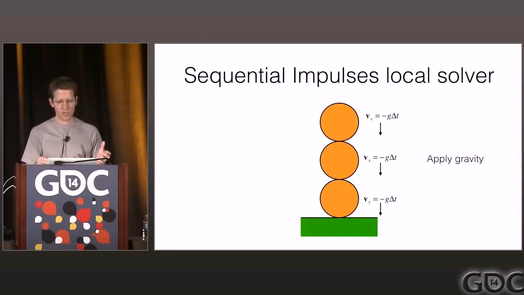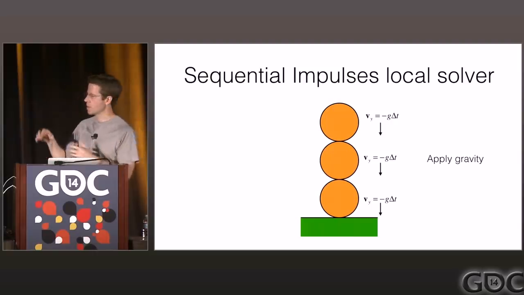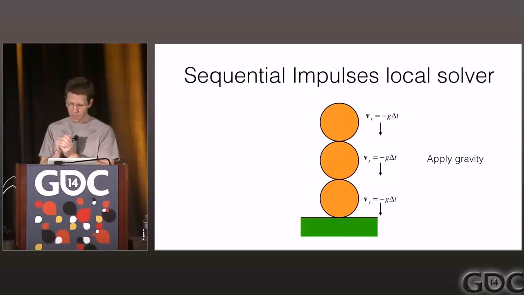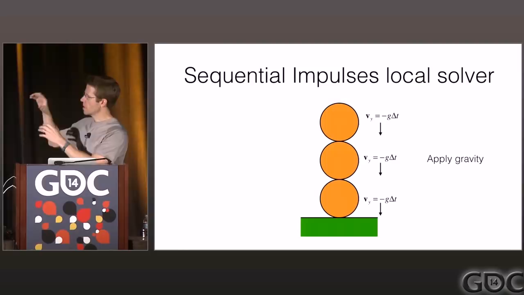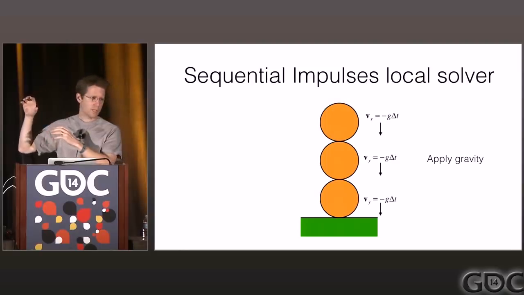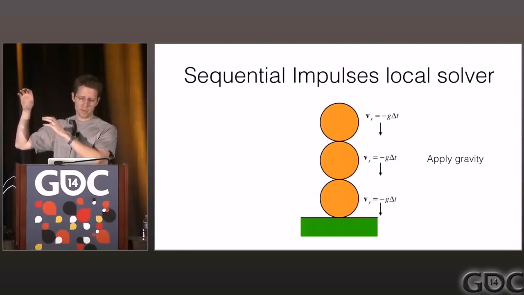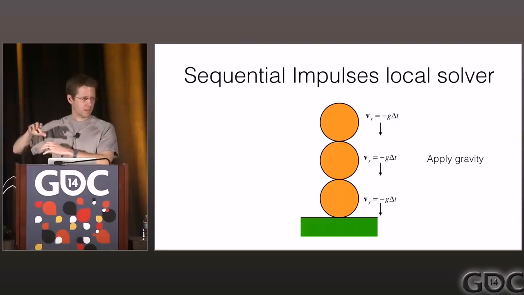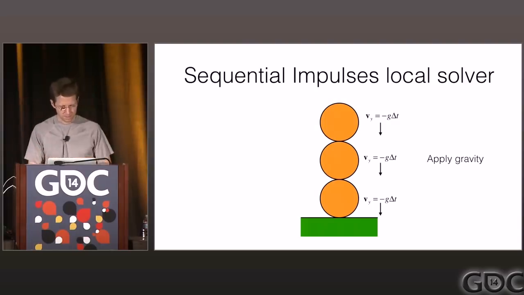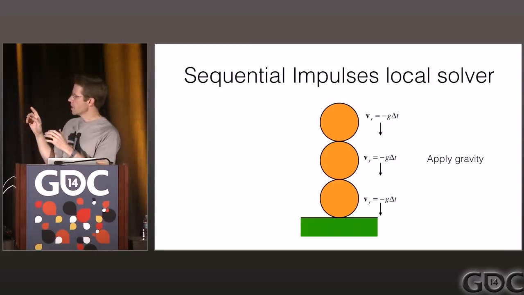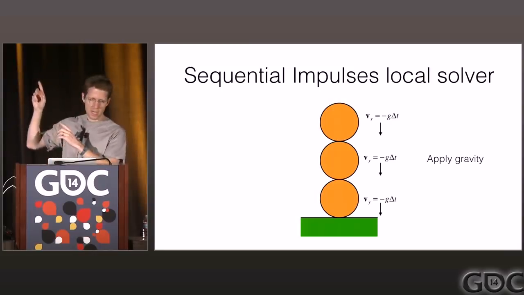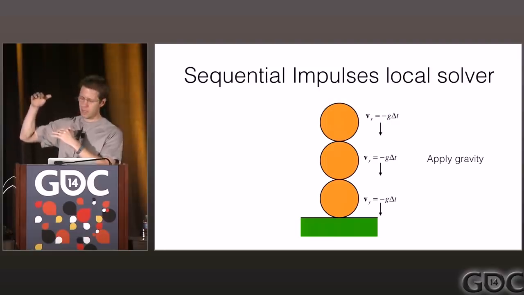So suppose you had a stack of circles, and they're all at rest. Then at the beginning of the time step, apply gravity, and adjust the velocities so they're all moving down at the same speed. Now, to counteract gravity, I need to apply impulses at the contact points to support the weight of the circles.